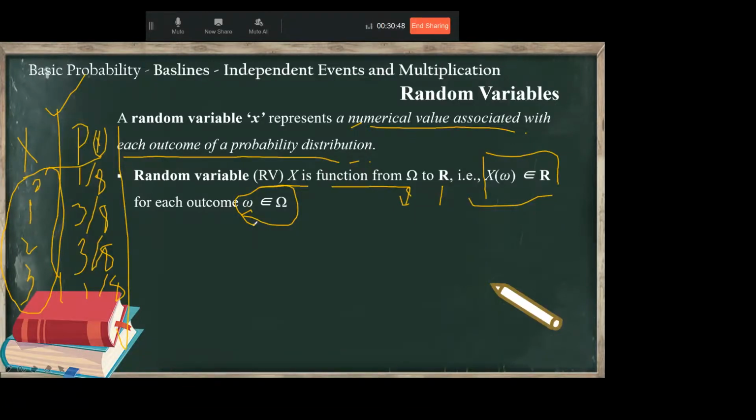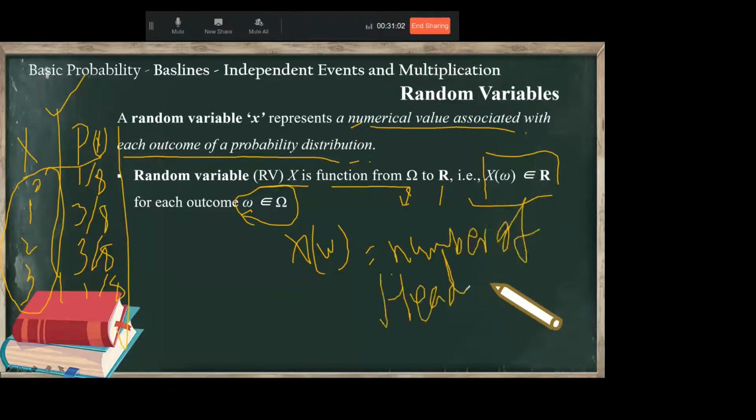In simple words, X(w) is the number of heads in our example. Do you understand? In outcome w.